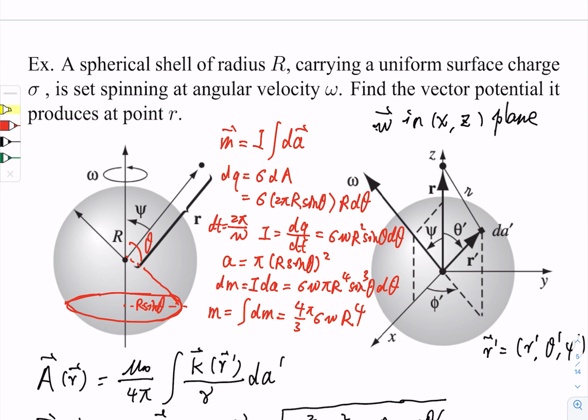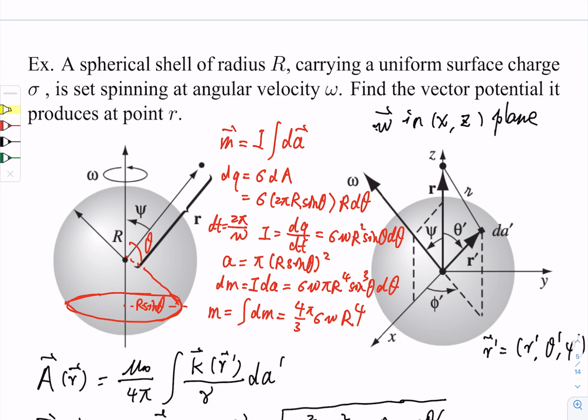So try to finish this example at your own pace, and see if you are familiar with how to do the integrals here, because the integral is actually tricky in the sense that the area is directional, and you have to take this into account explicitly, otherwise you might make some mistakes.